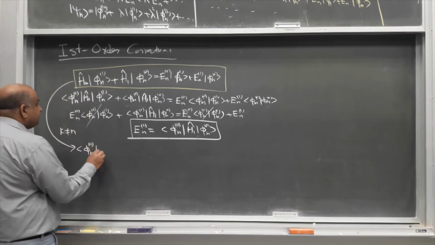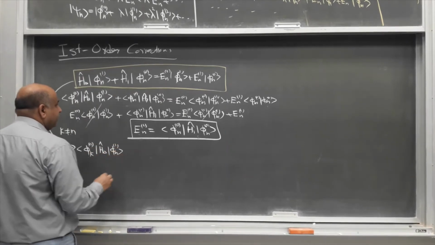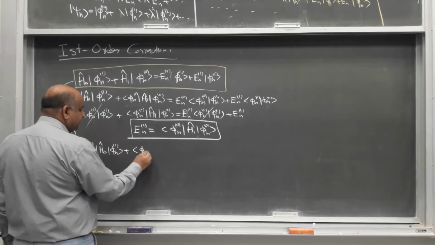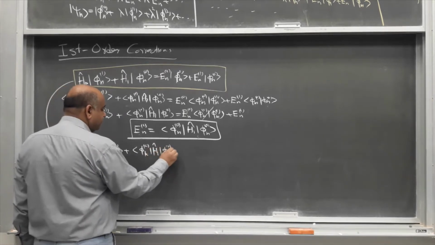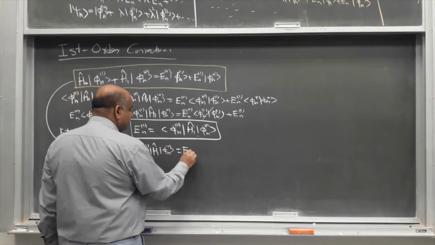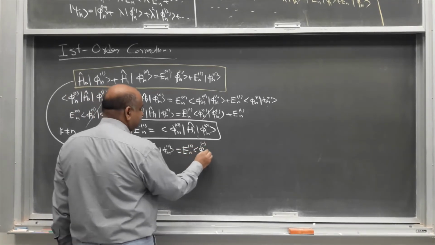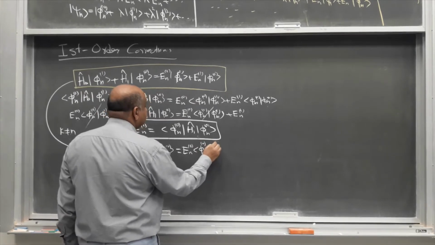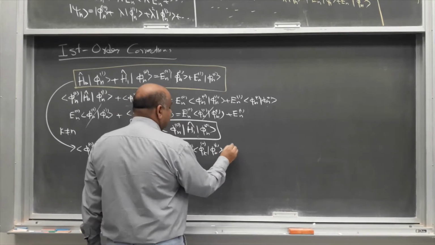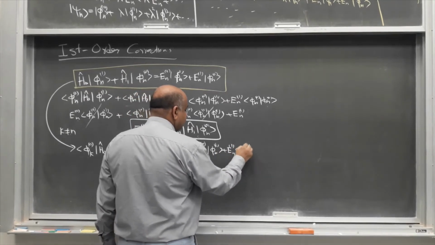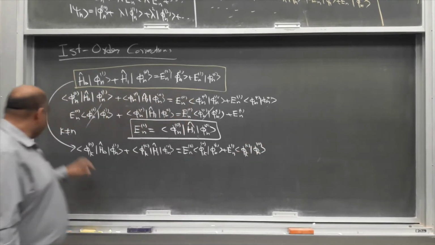So I get phi k0 H0 phi n1 plus phi k0 H1 phi n0 equals En0 phi k0 phi n1 plus En1 phi k0 phi n0, and just to remind us, this is for k not equal to n.